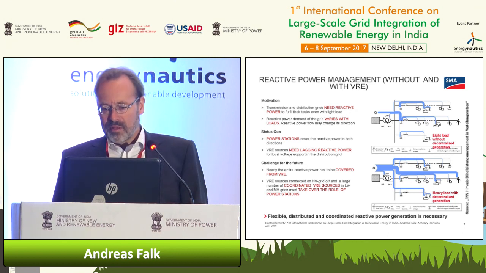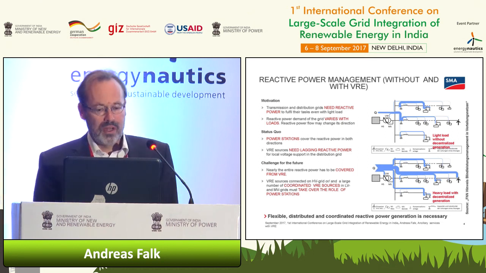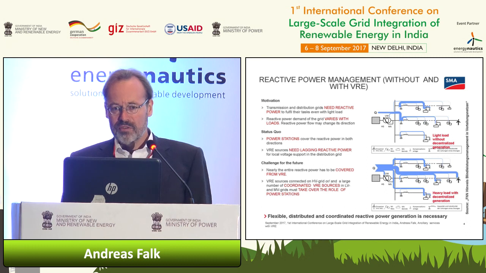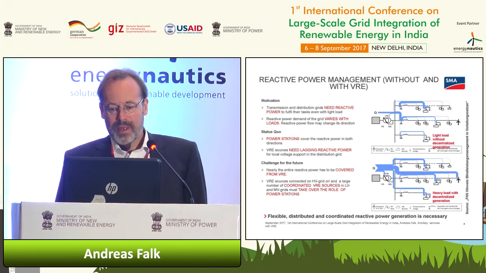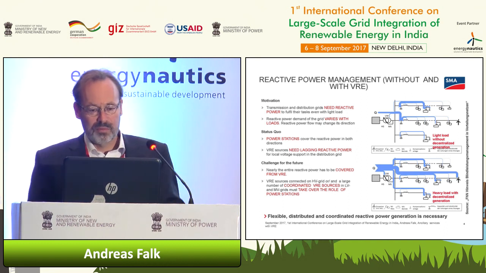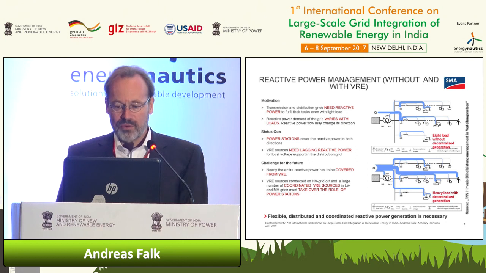And the other way around, when you have heavy load and heavy generation of decentralized sources, then the distribution grid behaves like an inductivity and absorbs reactive power from the grid.